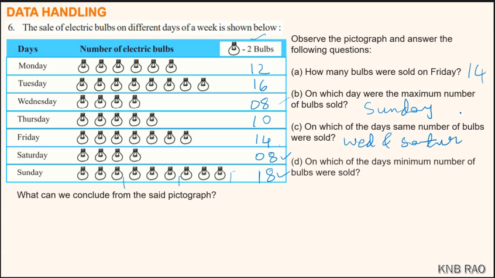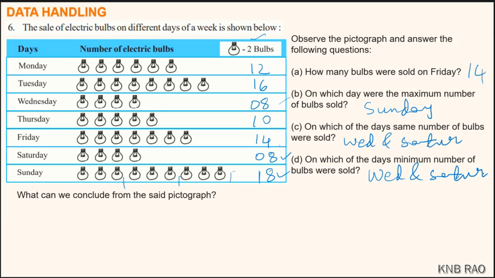Then, on which of the days was the minimum number of bulbs sold? Again, the minimum number of bulbs was sold on Wednesday and Saturday only, because 8 were sold on those 2 days.